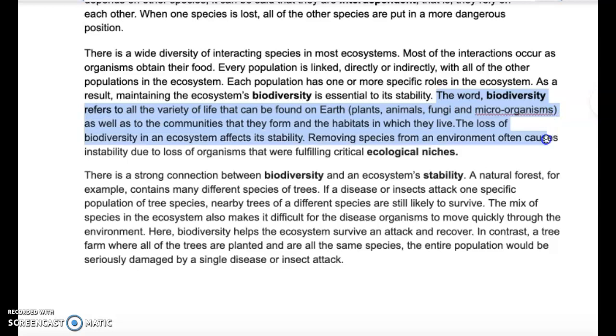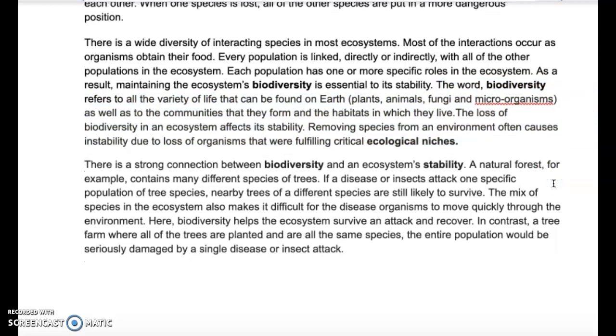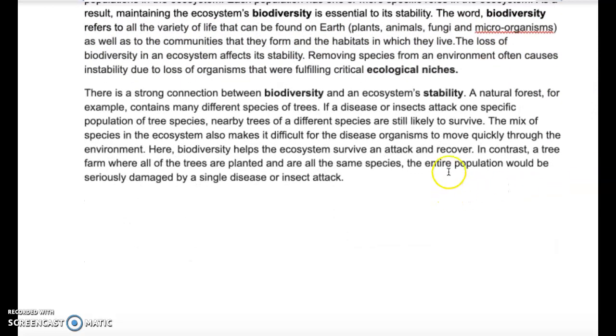The loss of biodiversity in an ecosystem affects its stability. So removing species from an environment often causes instability due to a loss of organisms that were fulfilling critical ecological niches. There's a strong connection between biodiversity and an ecosystem's stability.